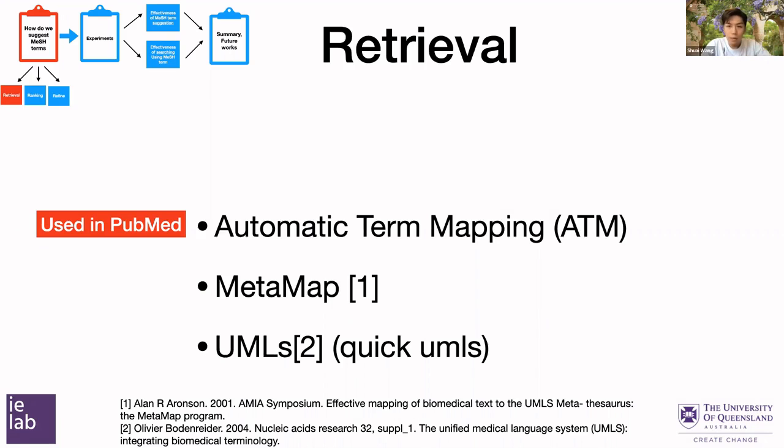For UMLS, we use the index from UMLS 2019 AB and then use QuickUMLS to conduct the suggestion. QuickUMLS is a fast, unsupervised approach for medical concept extraction. These are the 2 other methods that we use in order to map free text to MeSH terms.